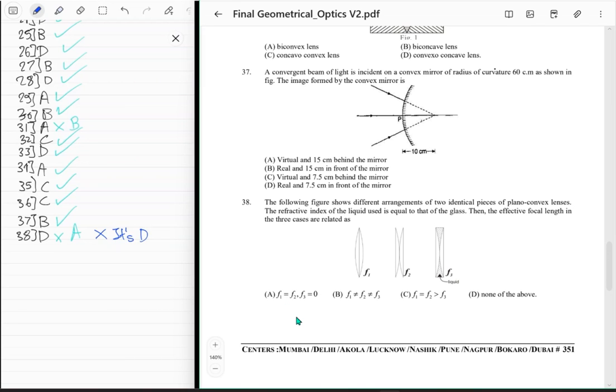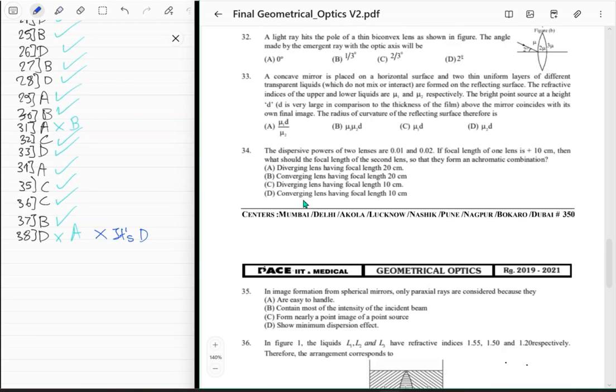A is just wrong. I can just tell you, F3 is equal to 0 makes no sense. Power equal to 0 makes sense, but F3 is equal to 0, no, it just won't be like that. You have F3 not defined, not that it's 0. It's not just disappearing into 0. So 38 is just wrong.